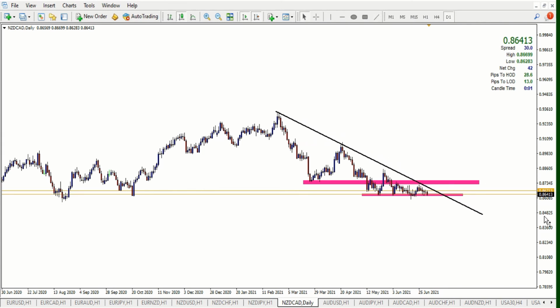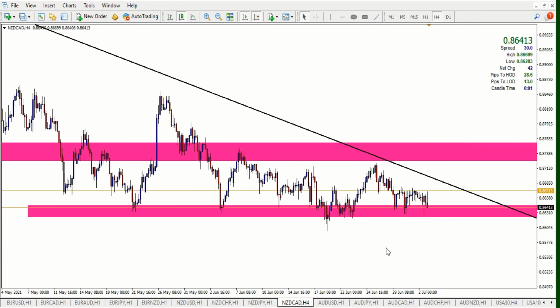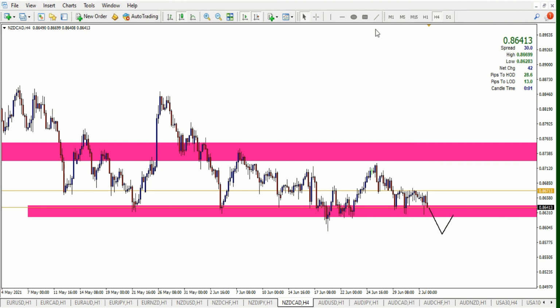Since you can see now in the 4-hour that we are at a key support resistance zone, what we could be anticipating is either for the market to break through, come back to that key support resistance zone and continue making its way back down, or the market could shoot up, hit that resistance and continue to the downside. So that's what I'm looking for this week.